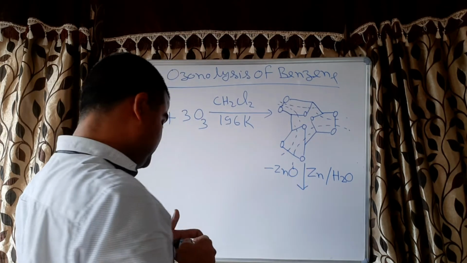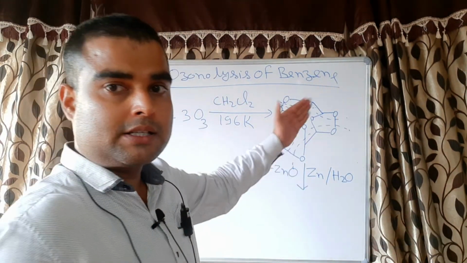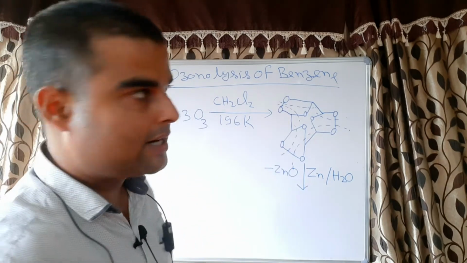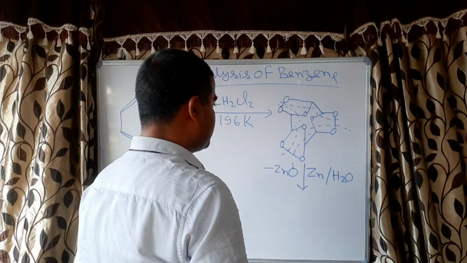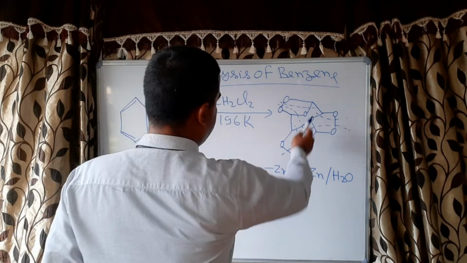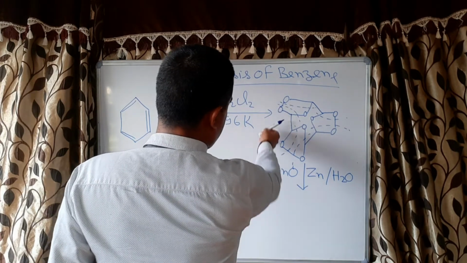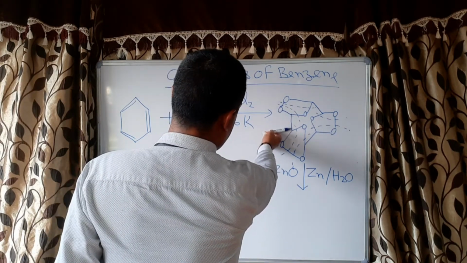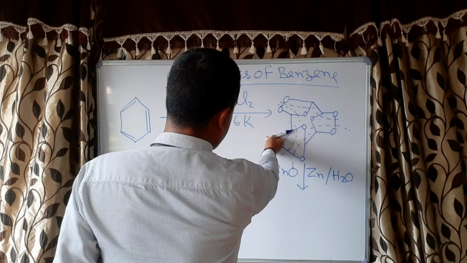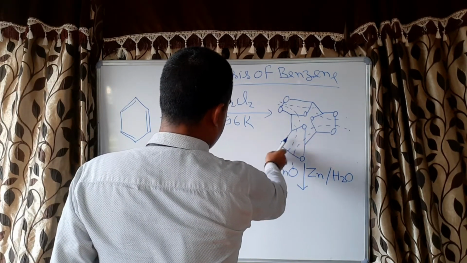Now since oxygen is taken away, and oxygen taken away is called reduction, that's why it is called reductive cleavage. Now this bond has been broken. So one is this bond, and this is another carbon, so it will form CHO, CHO.